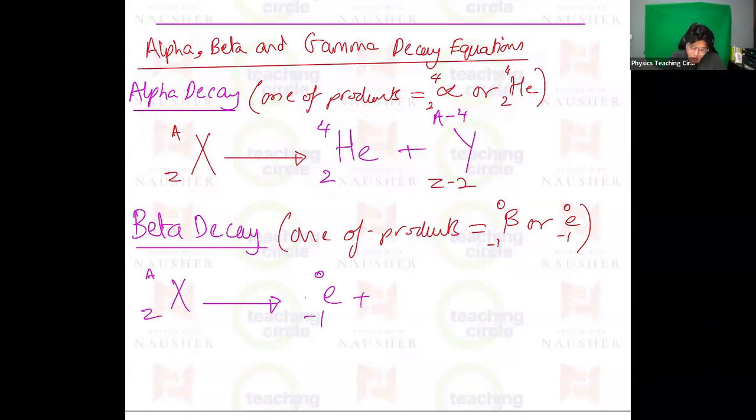So plus, no problem, plus Y लिखो. लिख दिया Y, because it's something new now. It's not X anymore. अब ये बताओ, सोच के बताना, शुरू में A था, इलेक्ट्रॉन निकलने से मास को फर्क नहीं पड़ा, तो Y का मास नंबर क्या होना चाहिए?